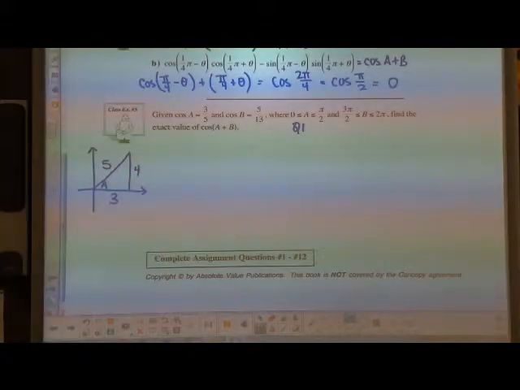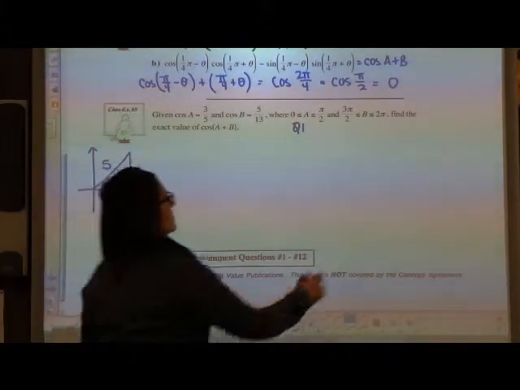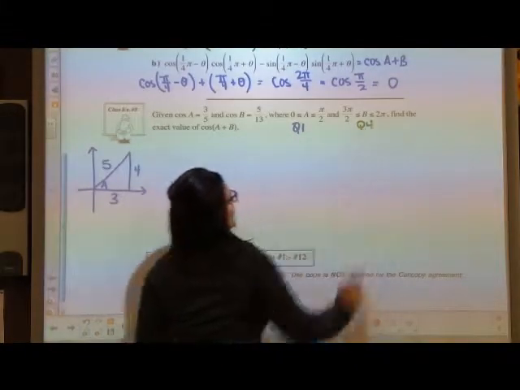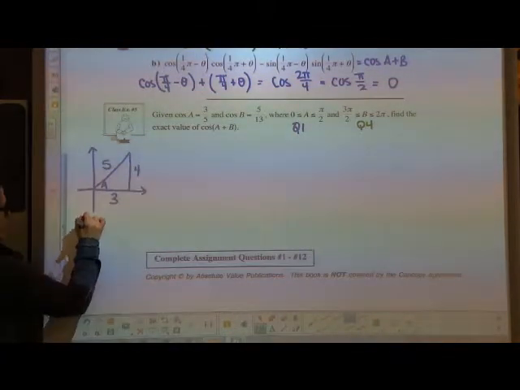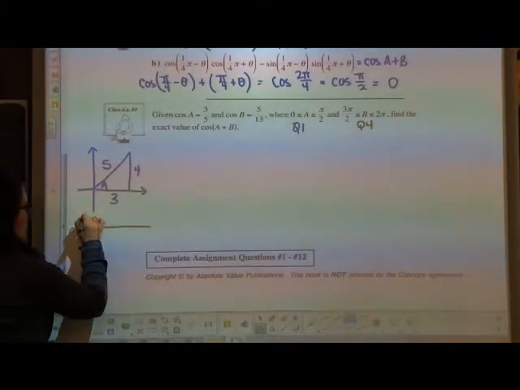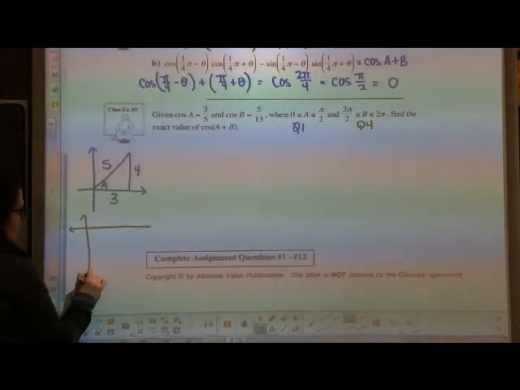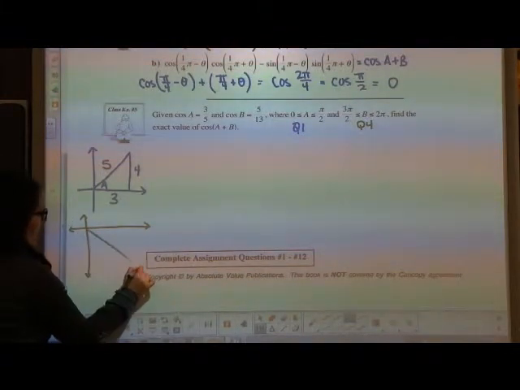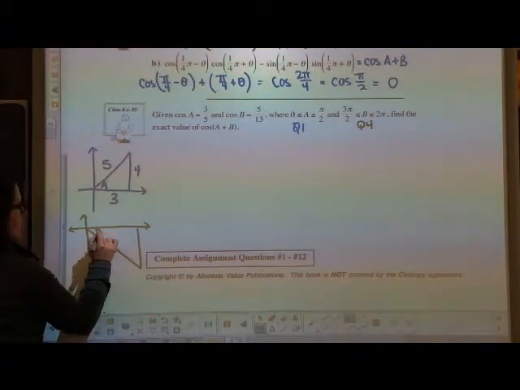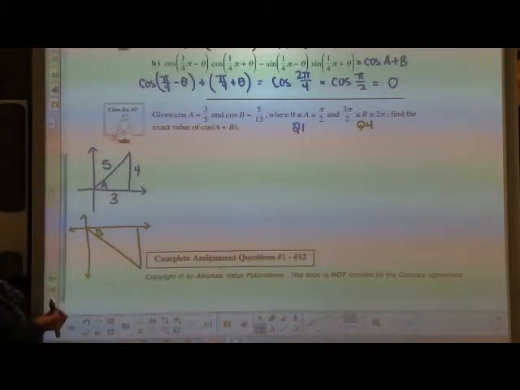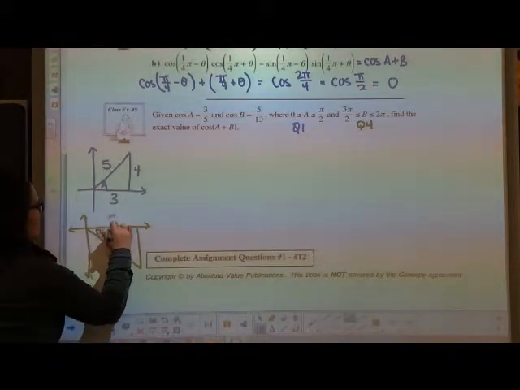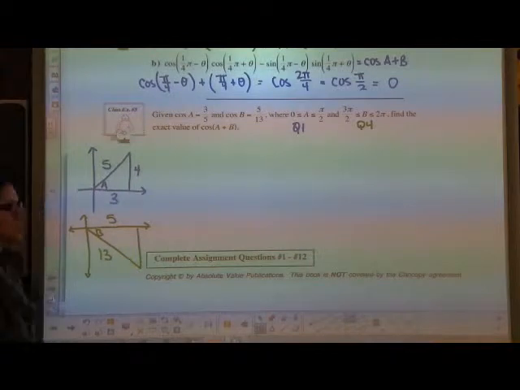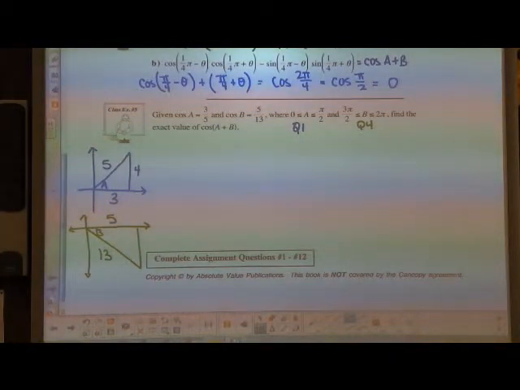Where's angle B located? Quadrant 4. So let's sketch what that looks like. So there's my angle B. And from before, we know that cosine is the adjacent over the hypotenuse. Can I calculate the opposite side?